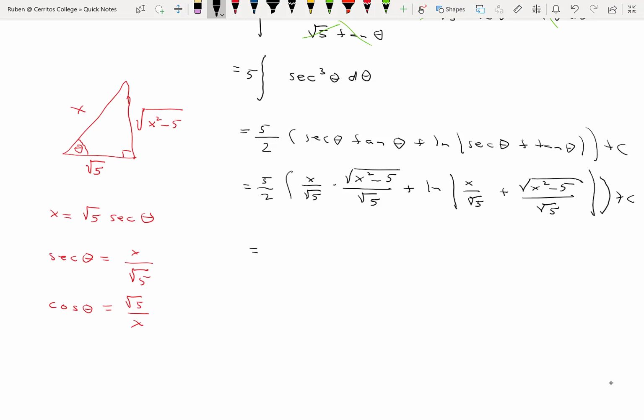Clean it up a little bit. I can write this as 1/2 x times the square root of x squared minus 5, and that involves distributing that 5/2 back in, plus 5/2 times the natural log of x plus the square root of x squared minus 5 over radical 5, plus a constant. And that's our integral.